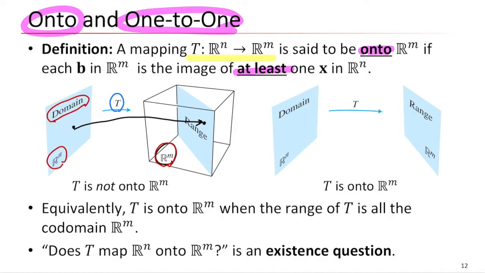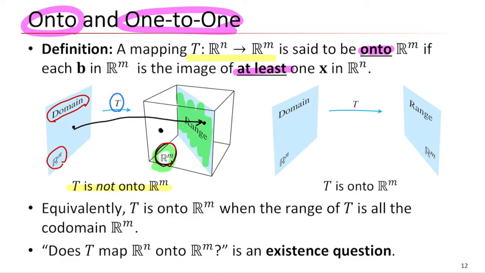So what does onto mean? If the range of the transformation T is not equal to the Rm space, it is called T is not onto Rm. It means that in the Rm space there are some values that are not contained in the range.